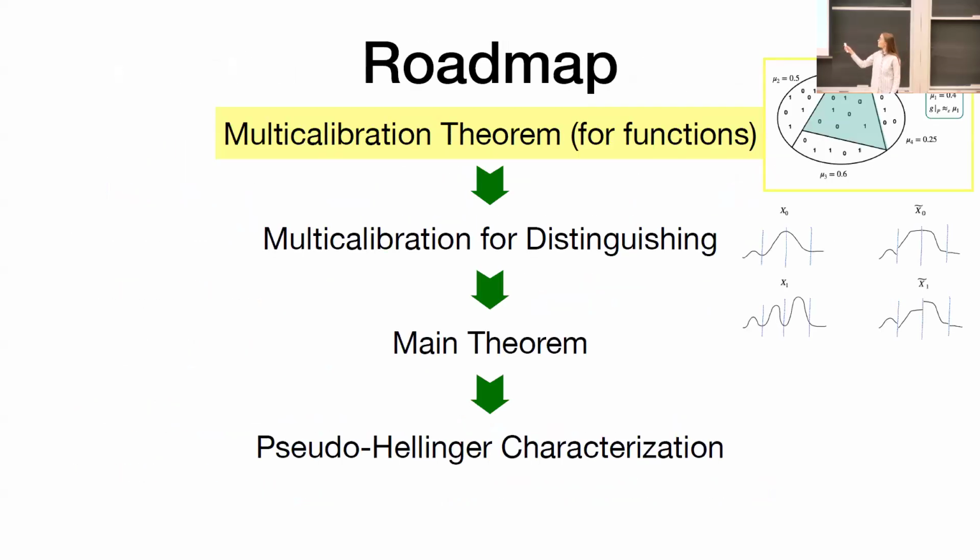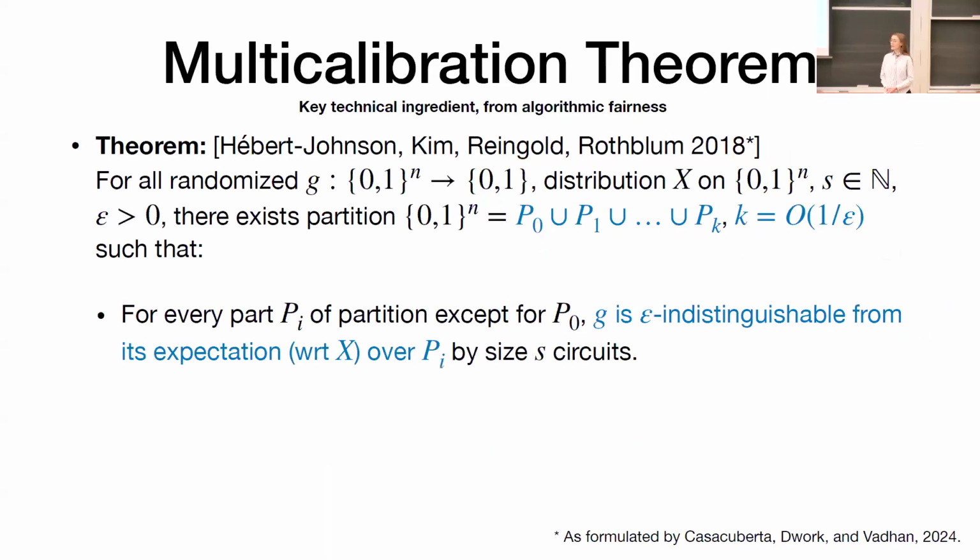So going back to the roadmap, I'll go up to the first step and describe multicalibration, which is a fundamental result in algorithmic fairness. Multicalibration says the following.